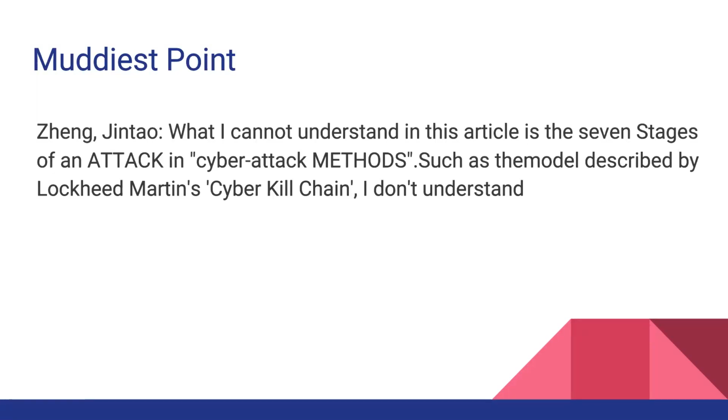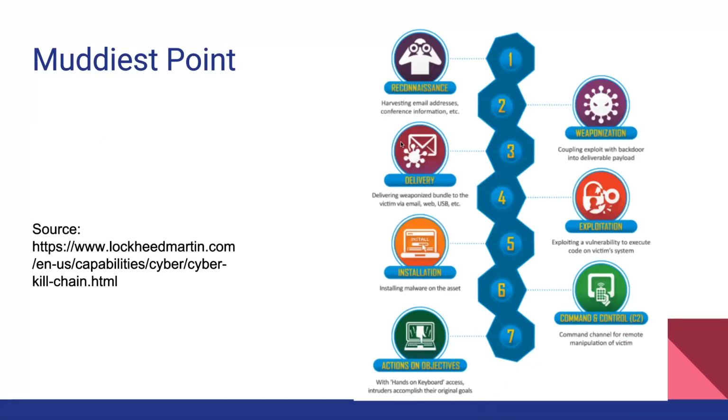So the seven stages of the cyber kill chain of Lockheed Martin, which is a defense company in the US. We already mentioned this. These are the steps: reconnaissance, weaponization, delivery, exploitation, installation, command and control, actions on objectives, right?